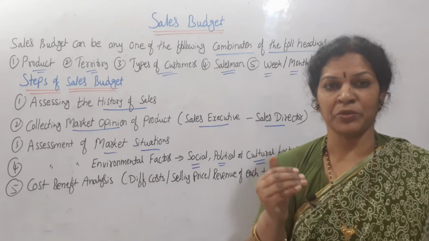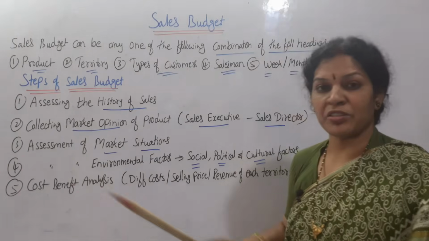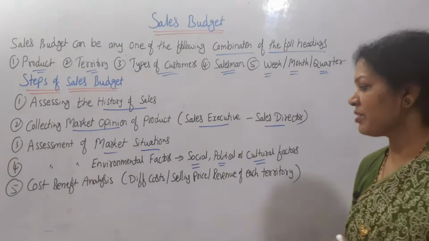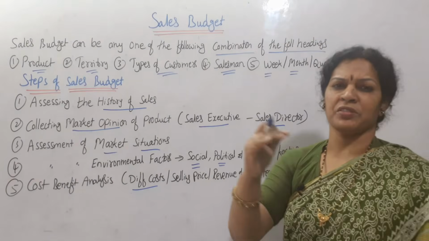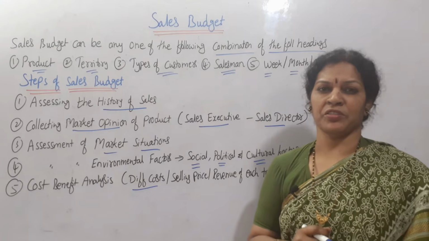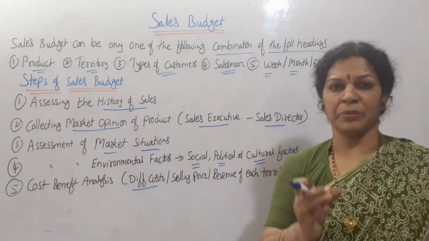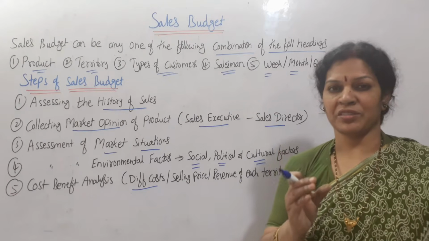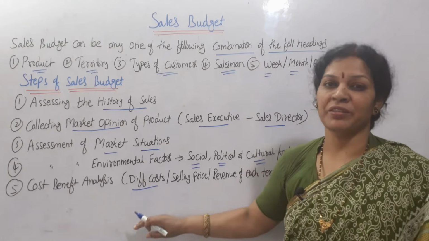If I decrease the price, what would the sales be? Everything comes under cost benefit analysis. Here we will discuss different types of cost, like penetration cost, deep cost or low cost, and which one is suitable.